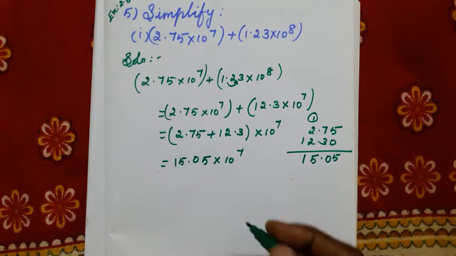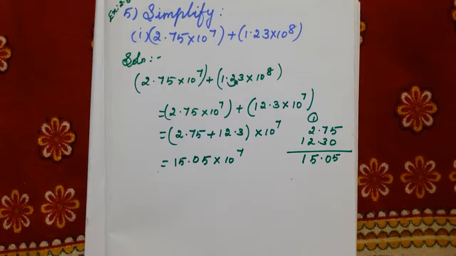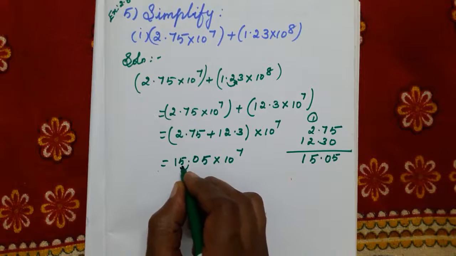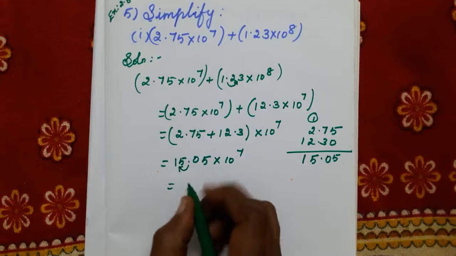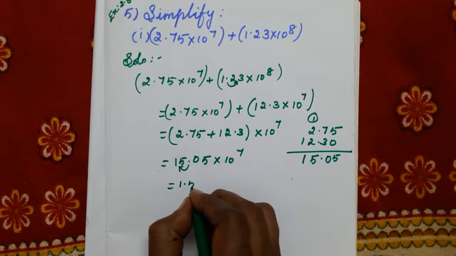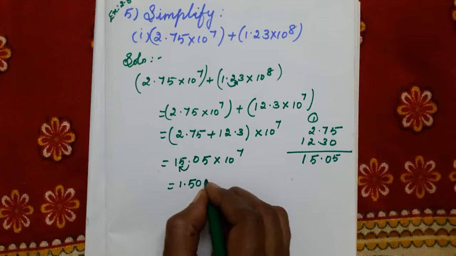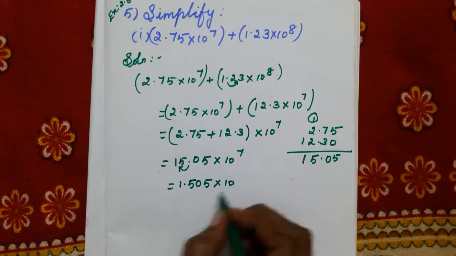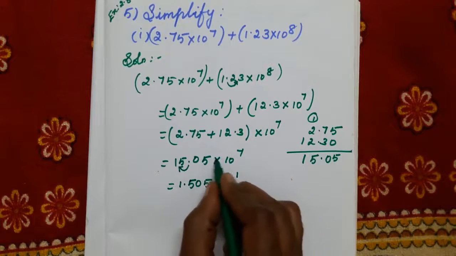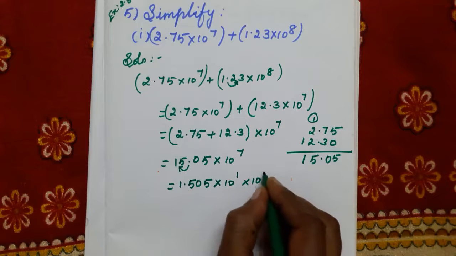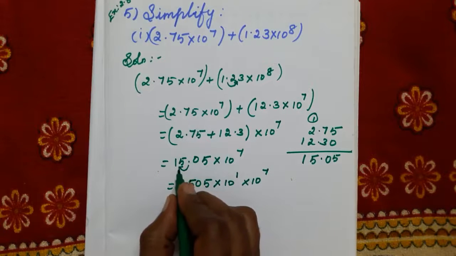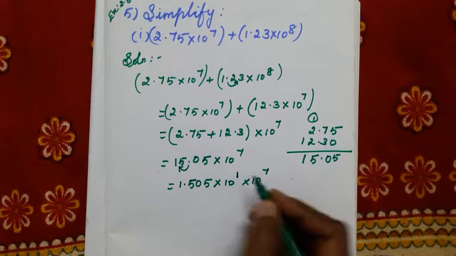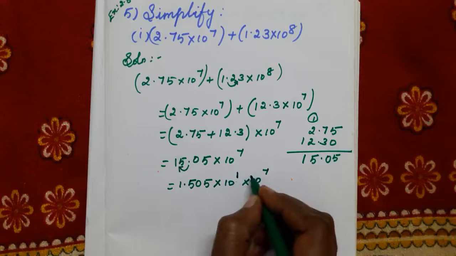So we have to move the decimal point 1 digit left. If we move the decimal point 1 digit left, what will we get? 1.505 into 10 power 1. This 10 power 7 also we have to write the same. We moved the decimal point 1 digit left, so the power increased, 10 power 1 we are getting.